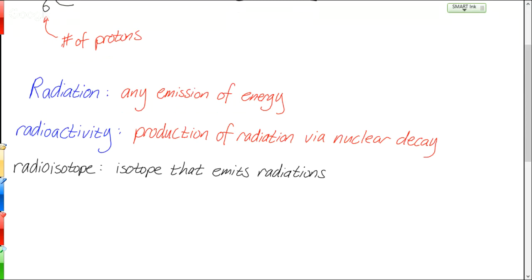So you can make, like when we did our flame tests, we made those ions emit radiation by heating them up in a flame. Because when we saw that light coming off them, the red light, the green light, whatever it was, that's a type of radiation. The difference with this stuff is a radioisotope, or a radioactive isotope, will emit that radiation all on its own, spontaneously, generally because the nucleus is breaking down, changing energy, falling apart.